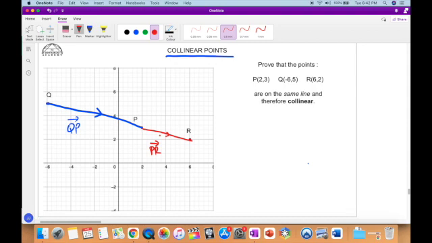Let me ask you all a question. What do you think it would mean if these 3 points are on the same line? What would you say about these 2 vectors here? What would that mean about those 2 vectors?